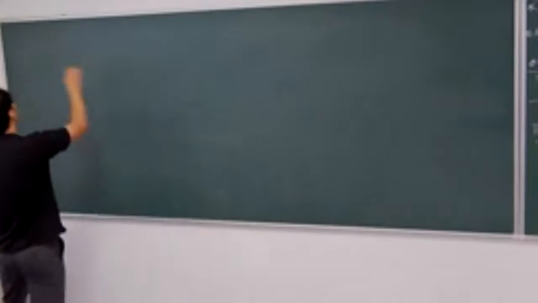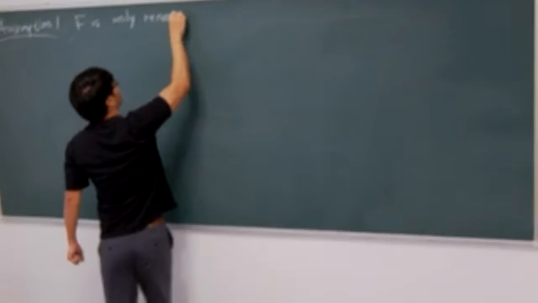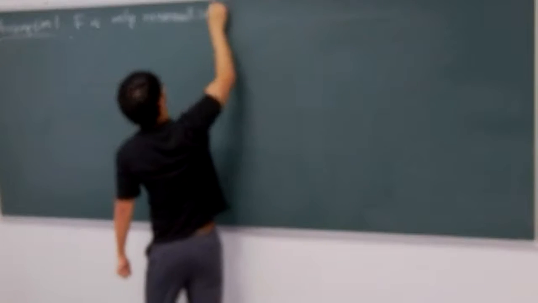But okay, so let's make two of them. Assumption one is that F is infinitely renormalizable. And let me draw the next picture because we'll come back to this picture time and time again.